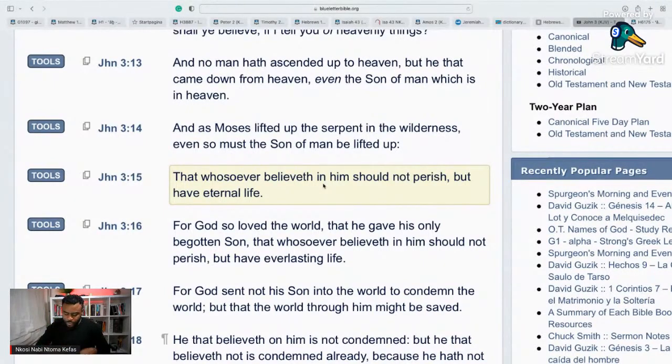Yeah? My question is, why did Yissayah compare himself with the serpent of Moses in the desert that saved people when people looked on that serpent on the pole, that brazen serpent? And Yissayah said, I am just like that serpent. Hallelujah.